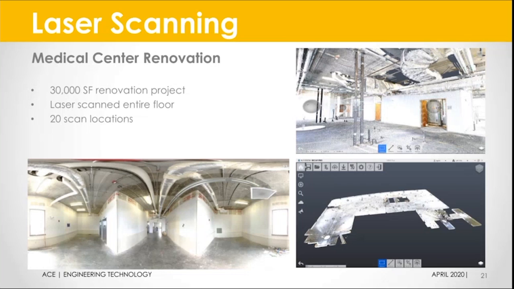So there were actually about 20 scan locations, and you can see here a couple of different pictures from Recap over here in the bottom right corner, and above is more of a specific space, and then on the left side it's the panorama view of that space kind of stretched out before it's been folded or wrapped around so that you could see it more in the way that you would see it if you were standing there physically.